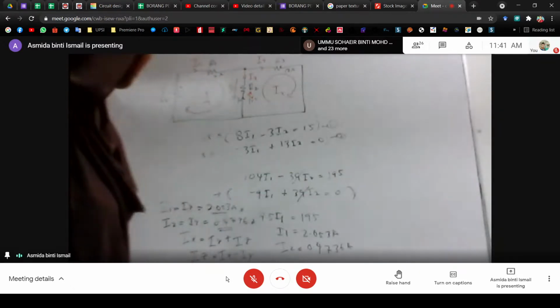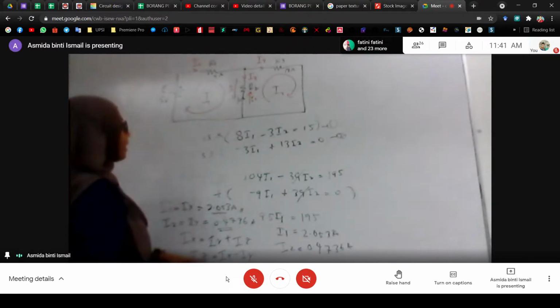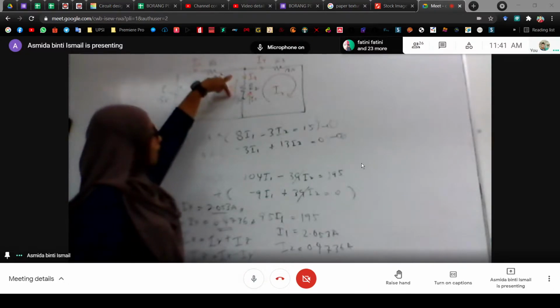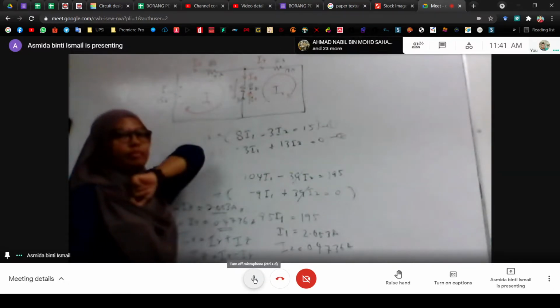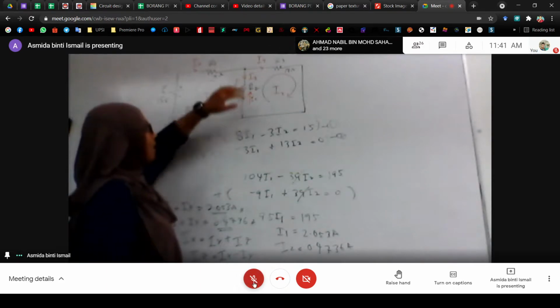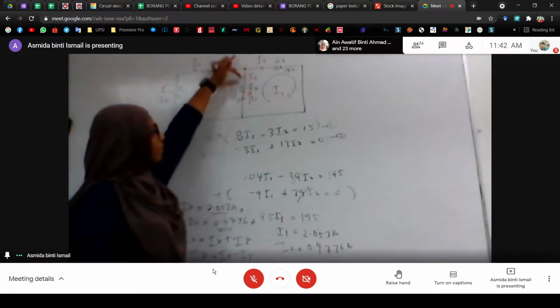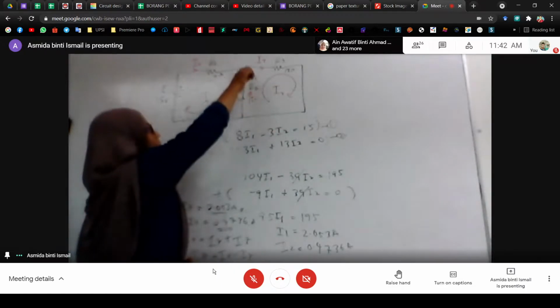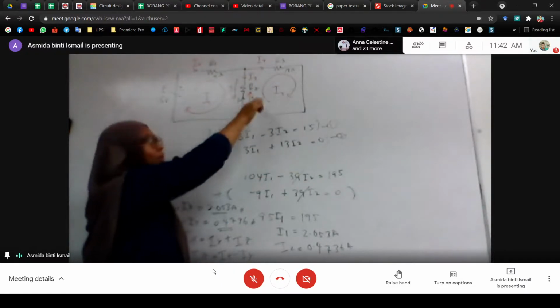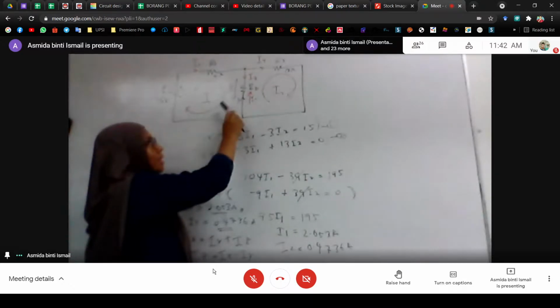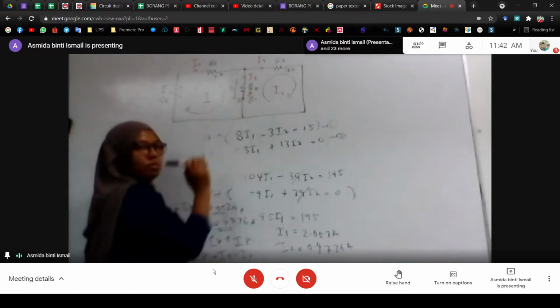Or this Iz is equal to I1 minus I2. Why? Because your Iz flows through here. You know that the currents flowing through here are I1 and I2.